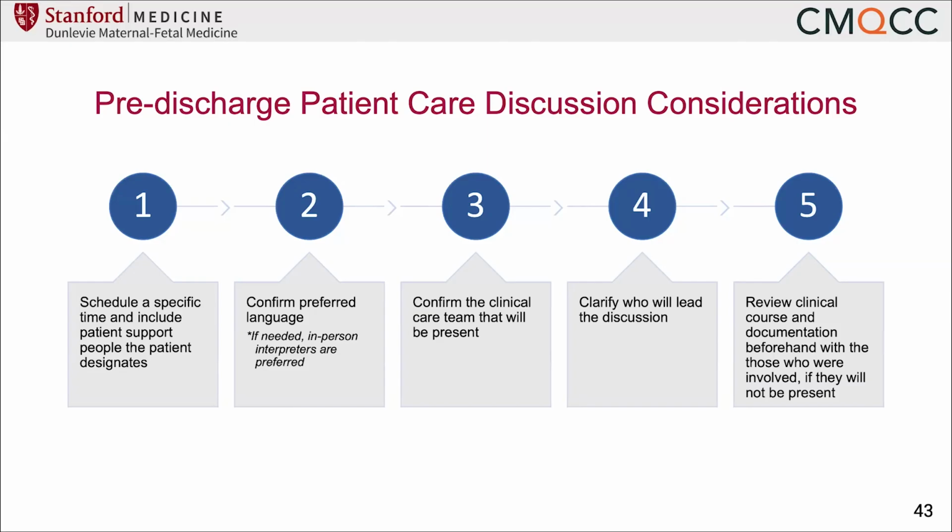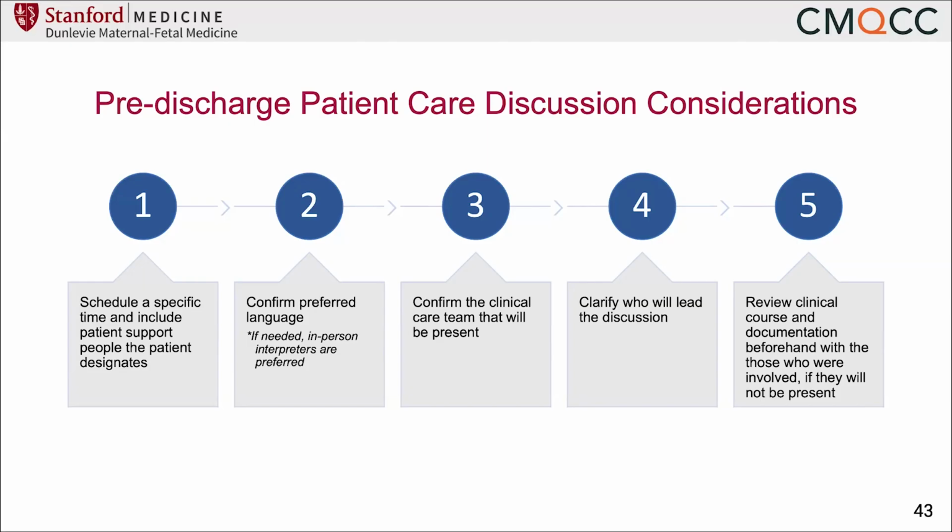We want to clarify who'll lead the discussion, and this can vary depending on the case, who's the best person to lead the discussion. In some cases, it might be the anesthesiologist. In some cases, it might be the obstetrician or the intensivist. So that's something that should be decided before we begin the discussion so that we're not all talking on top of each other. And then we want to review the clinical course and documentation beforehand with those who are involved, especially if they won't be present.